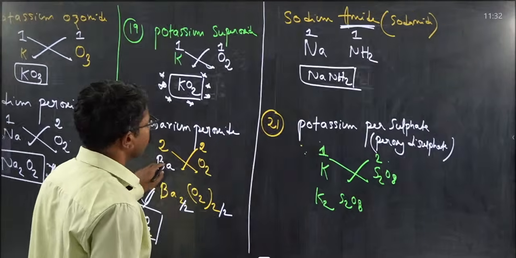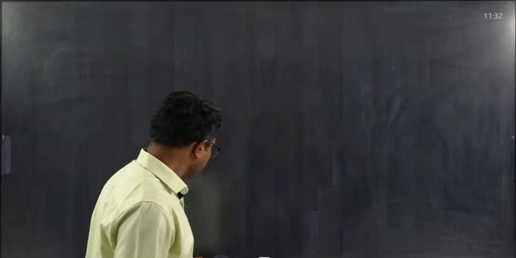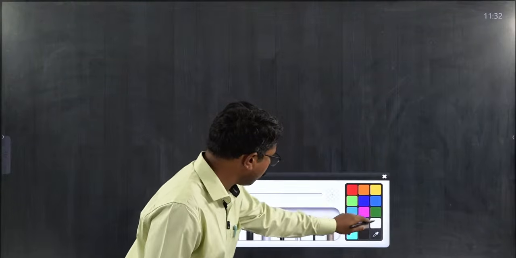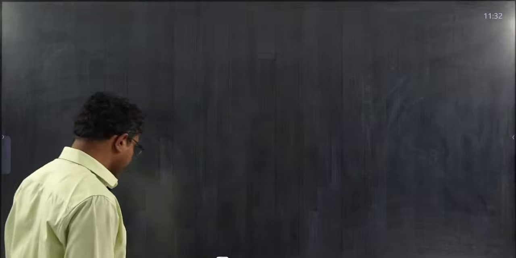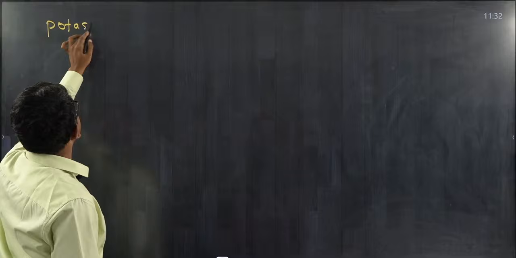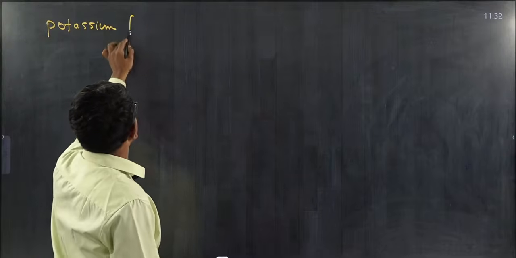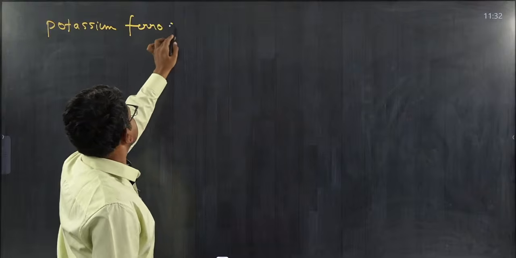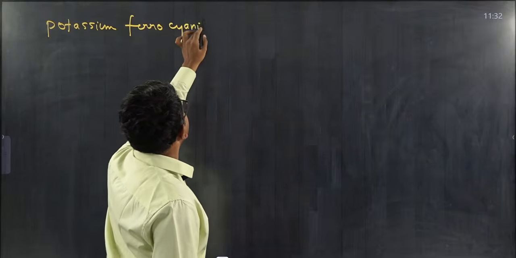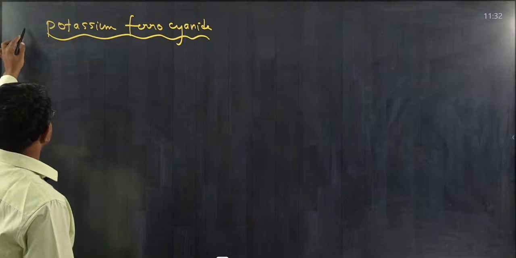And next, moving forward. Now, dear students, I am going to give one more compound which is frequently used in future classes. It's potassium ferrocyanide. It is actually a common name of a complex compound.